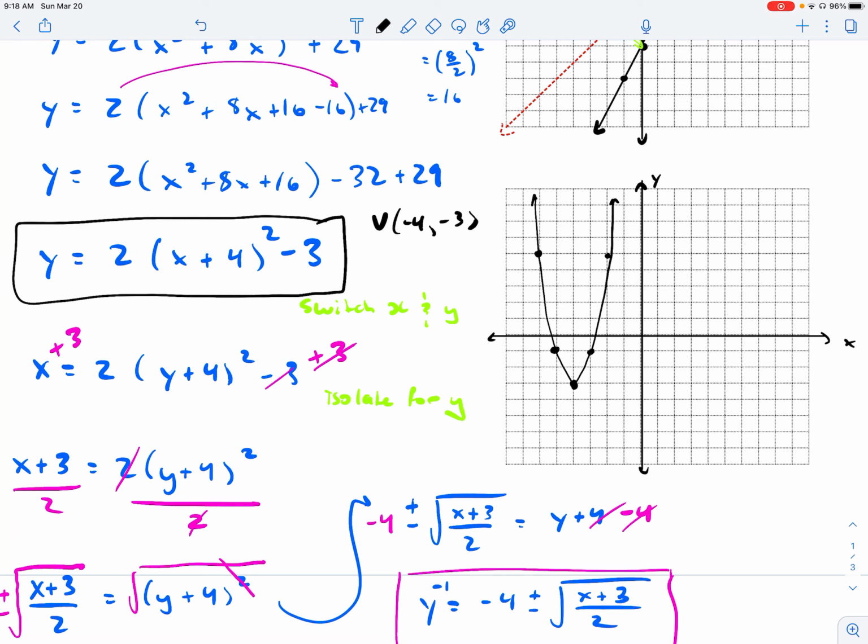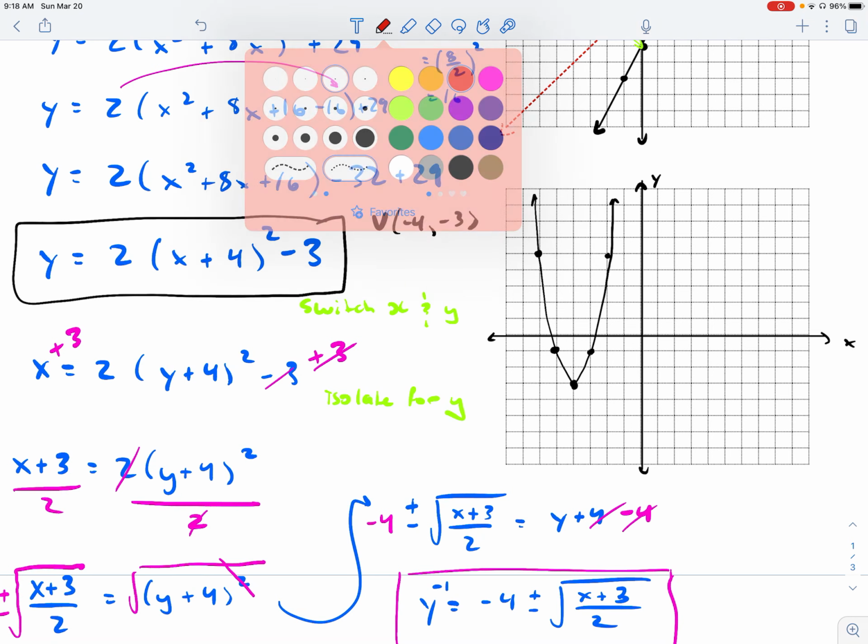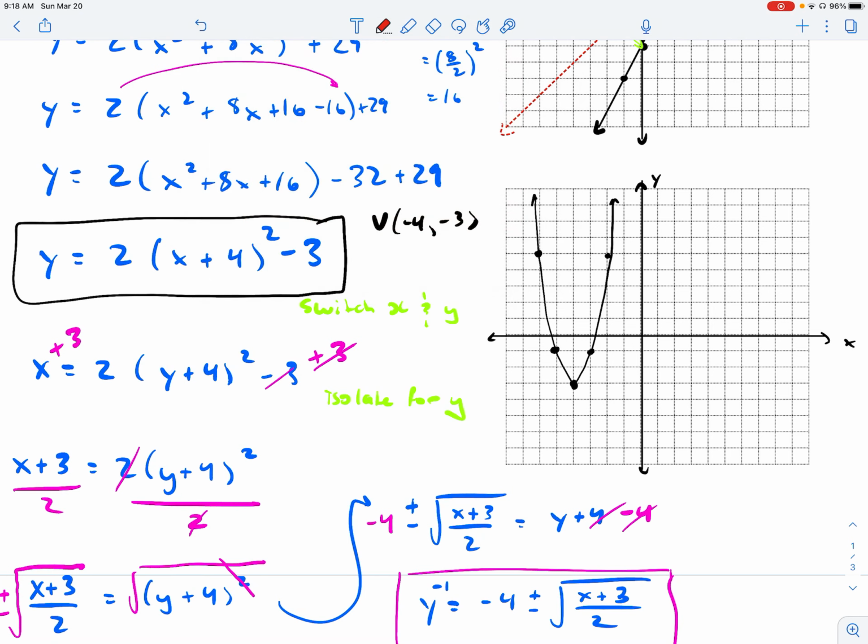Okay, so now doing the inverse, well, that's actually quite easy. I feel like we've already done the hard part, getting the inverse function. So I'm just going to draw that reflection line passing through the origin.